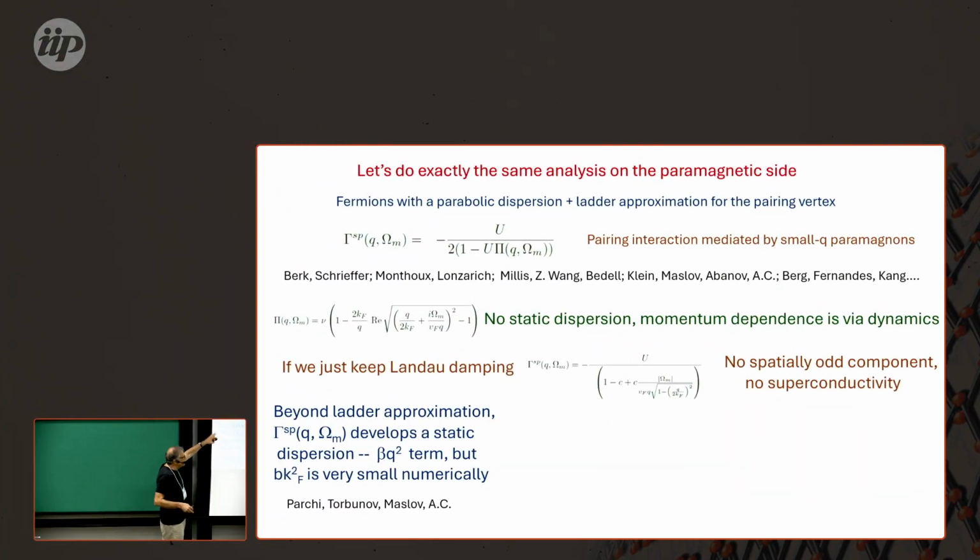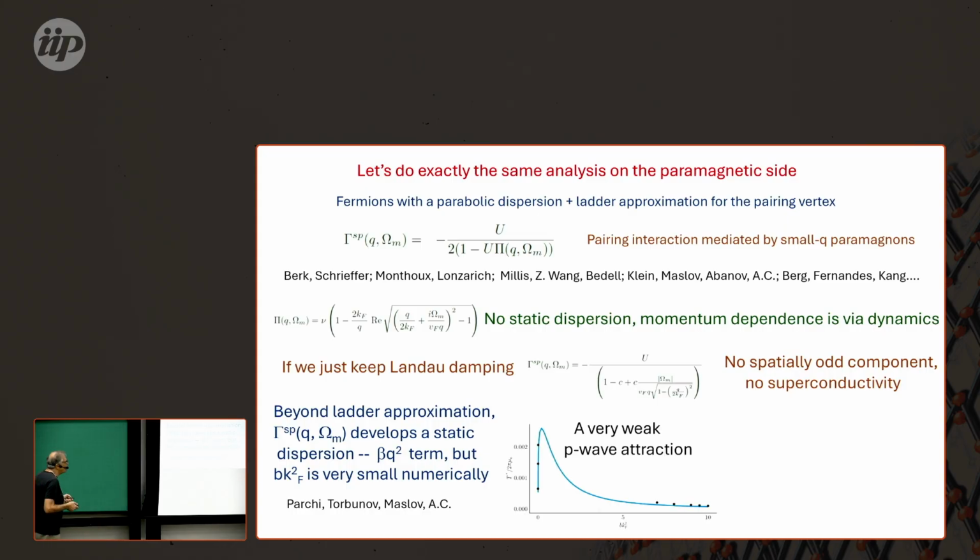So basically, the story here is we did a little bit more accurate calculations. We added some static part, which it turns out, from calculations we did with Maslov, exists when you go beyond the ladder approximation, but with a very small coefficient. And long story short, when this coefficient is very small, we get a very small superconducting TC.